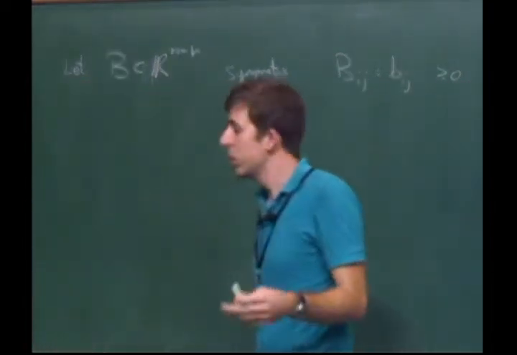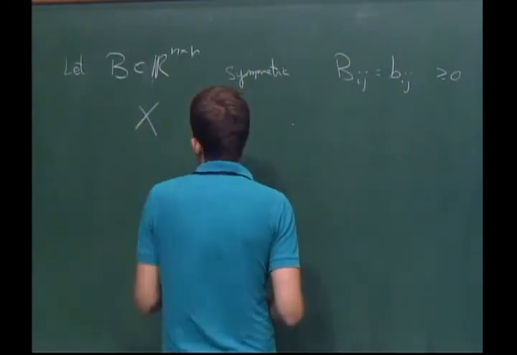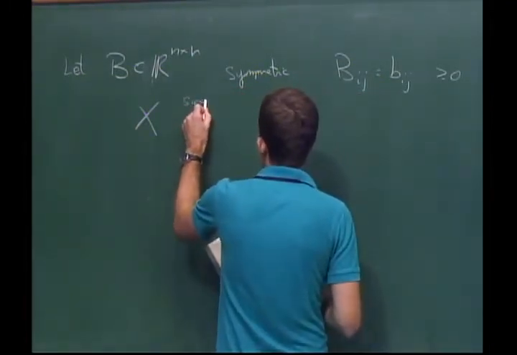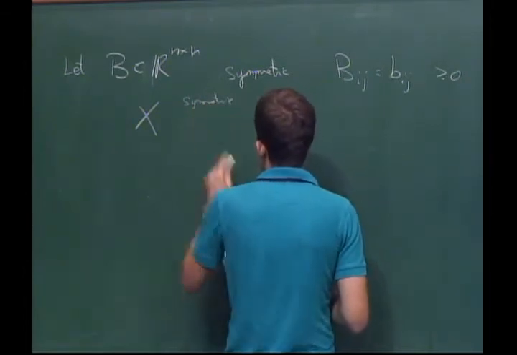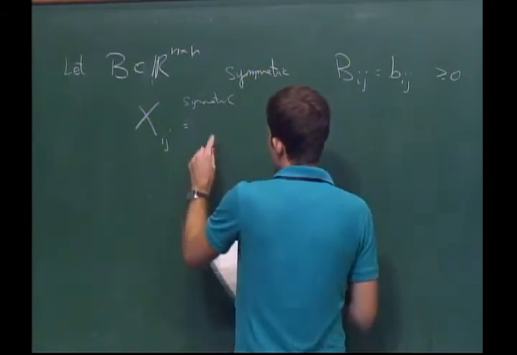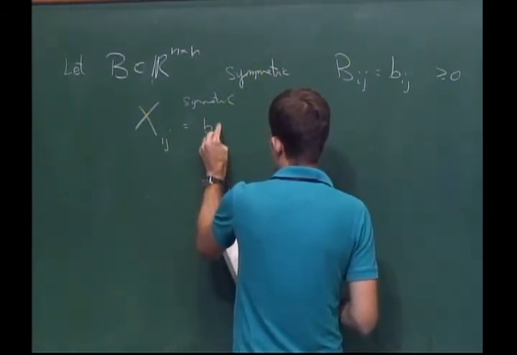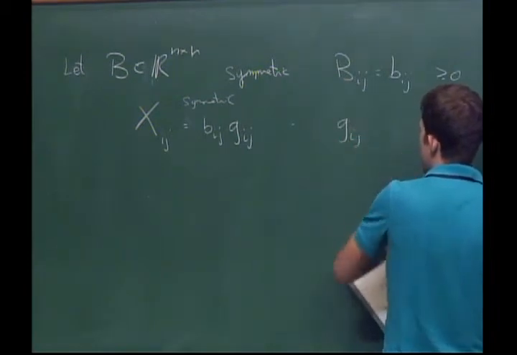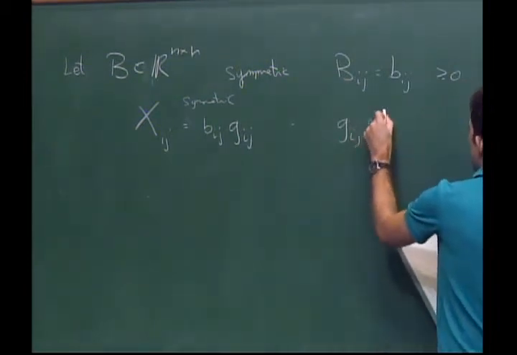The random matrix I'm interested in is a matrix X that is also symmetric and whose ij entry is equal to b_ij g_ij, where the g_ij's are IID standard Gaussians.